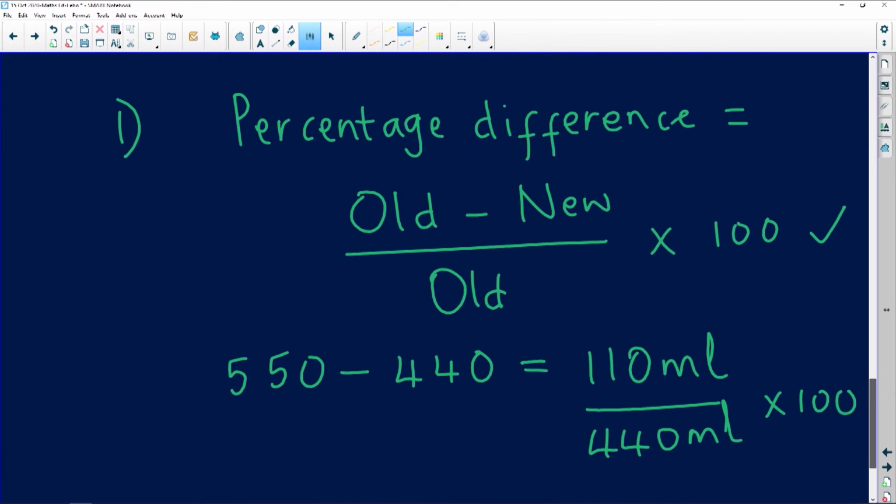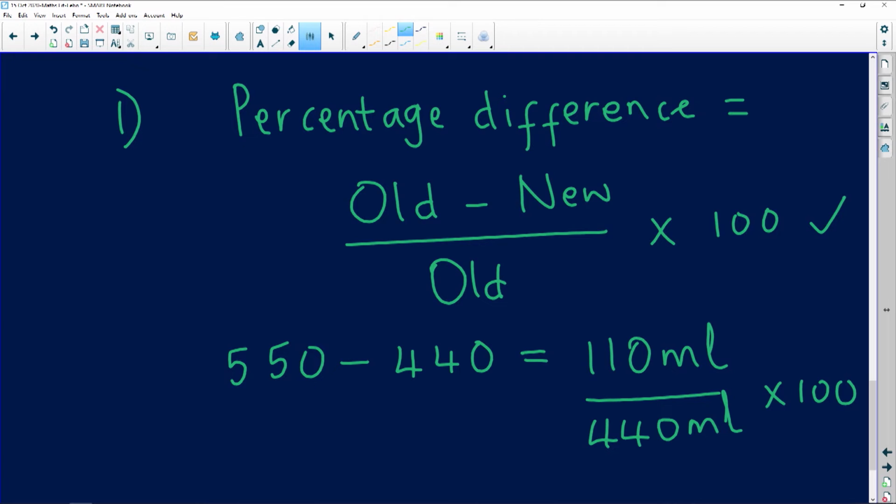That's very interesting. Look at what I just did there. 440 minus 550 all over. Is it really going to give me the same?